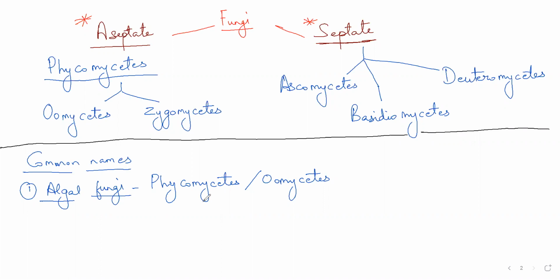The members of the Phycomycetes are commonly known as algal fungi, and among these, the members of Oomycetes are considered the true algal fungi. Then the copulating fungi or conjugation fungi. The conjugation fungi are the Zygomycetes.